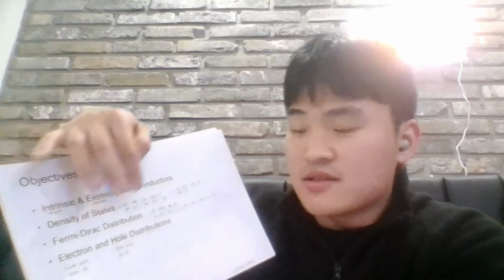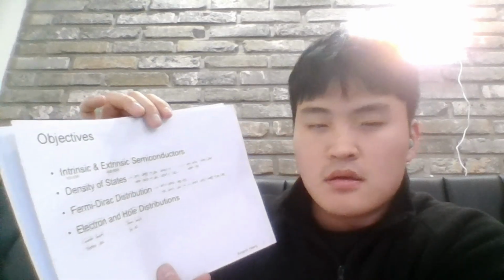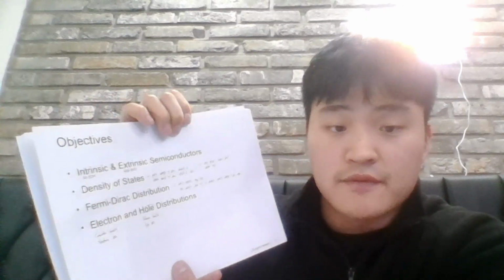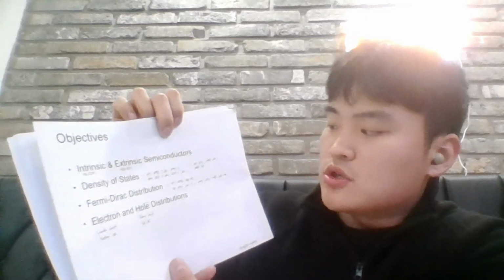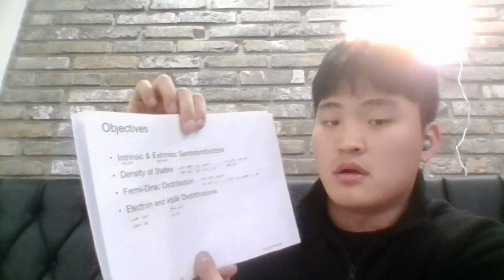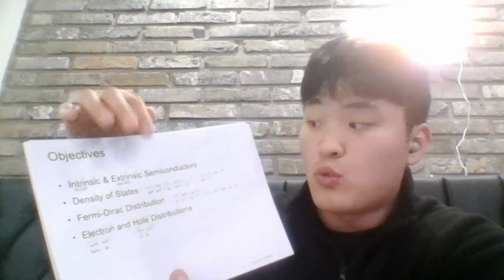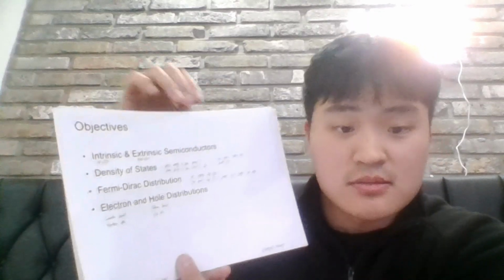And Fermi-Dirac distribution is a probability distribution of the existence of electrons. So we also have to know why we have to learn those two concepts.